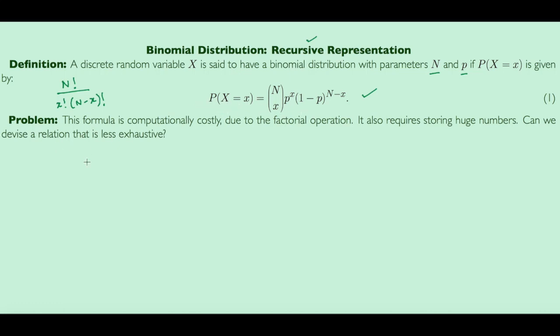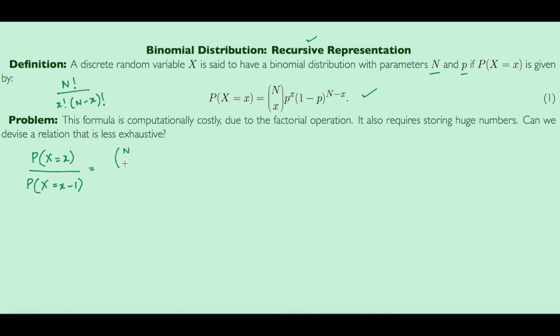So what we are trying to do here is find a recursive representation of this probability. We will take the ratio between the probability of X equal to x and the probability of X equal to x minus 1. We apply the definition to both of them.